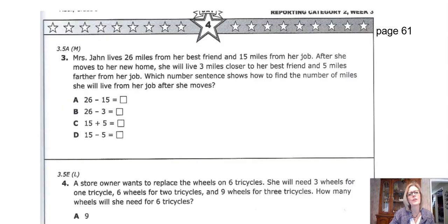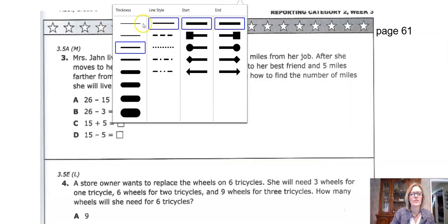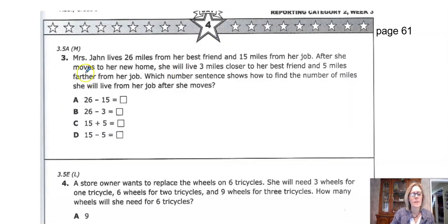So let's go on to our next page and change my pen color again. And we're going to be on page 61 this time. This one's a little more complicated. So if we look through here, let's read first. Mrs. John lives 26 miles from her best friend and 15 miles from her job.